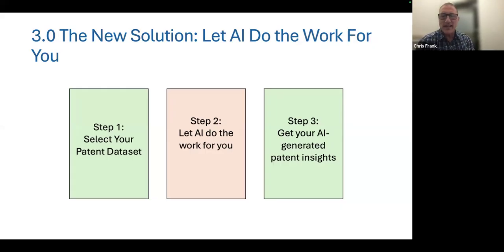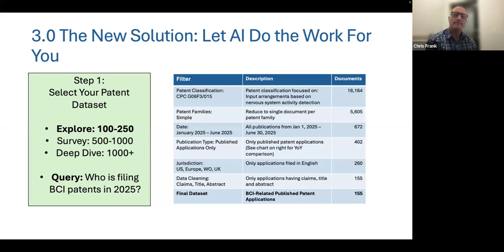So let's see what that looks like with our use case. The way that I've set it up for the AI processes, I've turned it into kind of 3 different types of packages. You have an explore package, which is what we'll use as an example today, which is let's just look at 100 or 200 patents and kind of get a sense for what's out there. Let's just explore what's out there in this world. The other one would be the survey package, which is typically most companies, this is all you need.